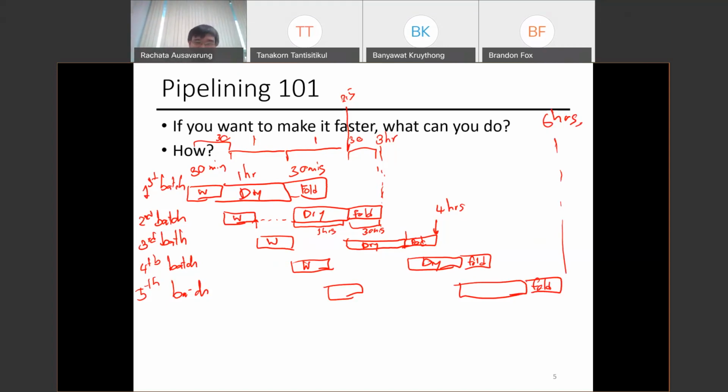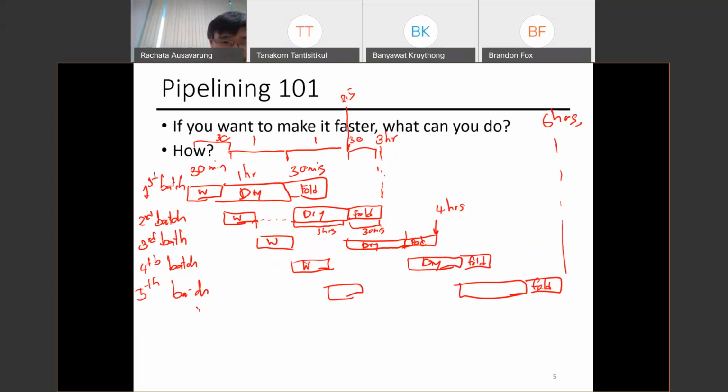My next question, which is kind of like addressing what Brandon suggests, if I have the money, what would I do? What's the first thing that I would buy? Dryer, right? So if you have two dryers, this is what would happen.